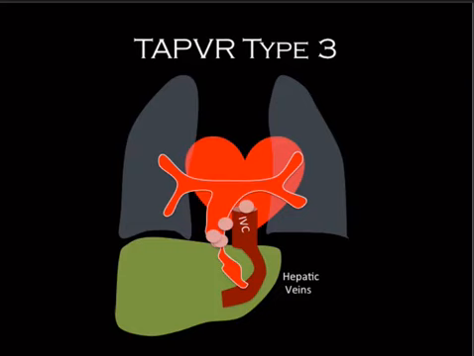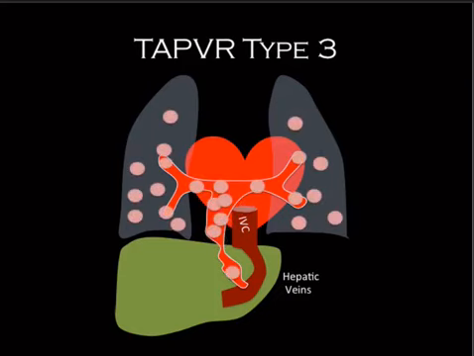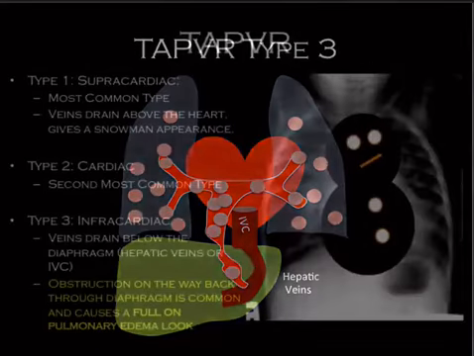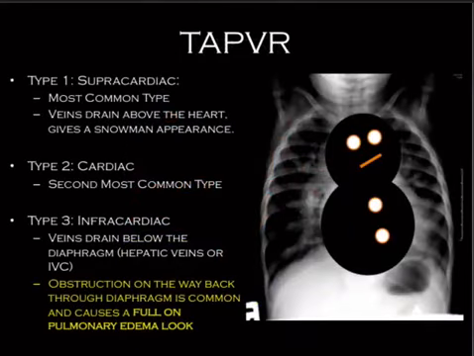Because of this traffic jam, you end up backing blood up, and you get pulmonary edema. So the thing to know about this is obstruction, which occurs basically on the way back through the diaphragm, is common and causes a full-on pulmonary edema pattern.